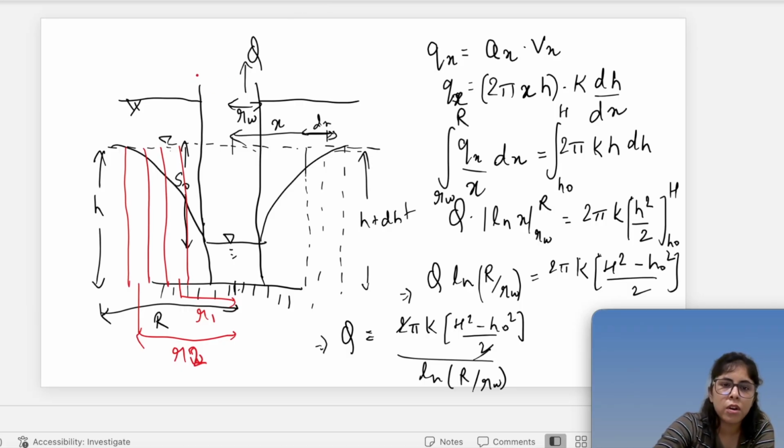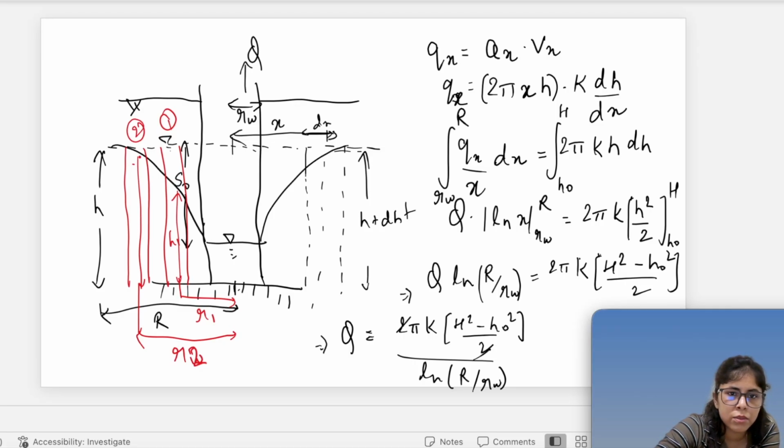and the drawdown, the height from here is h1 for first observation well, this is first and this is second well. First observation well it is h1 height, and then second observation well it is h2 height, and similarly drawdown is s1 and s2, right?